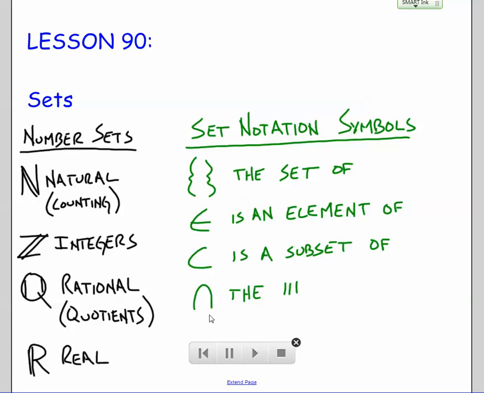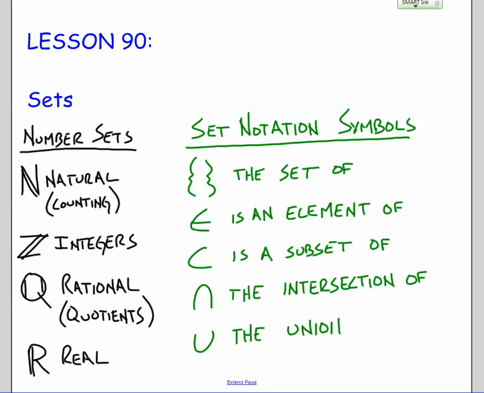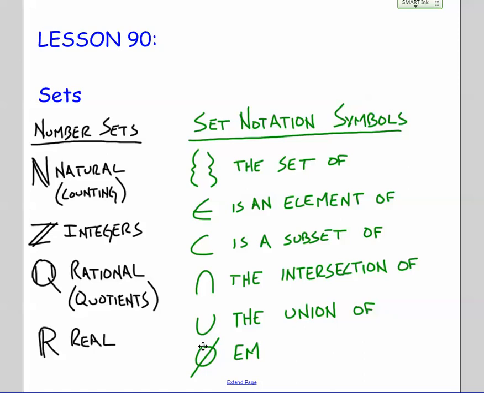And this kind of upside down U is the intersection of. And one more here. How about, I'm sorry, two more. This U is the union of. And the 0 with a cross through it is called the empty set, and that's when there's nothing in your set. There are no values in the set.